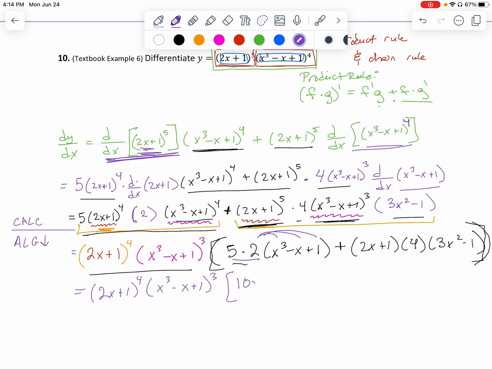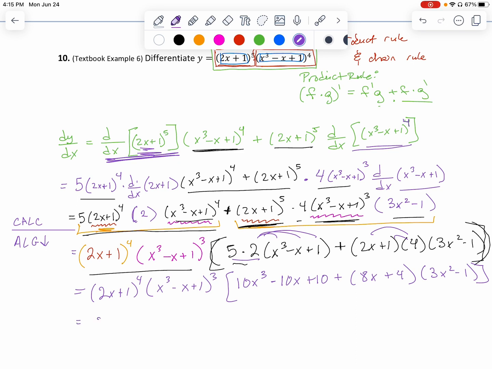So I'll get 10x cubed minus 10x plus 10. And then over here let's distribute the 4 first to this. So I get 8x plus 4. And then I can FOIL that with my 3x squared minus 1 on the next line.